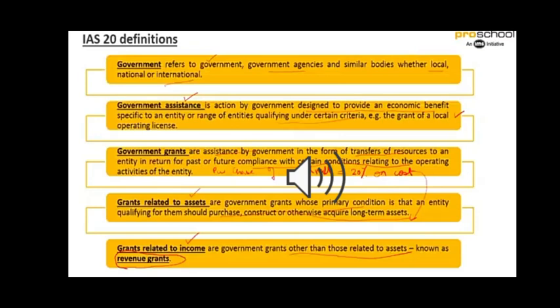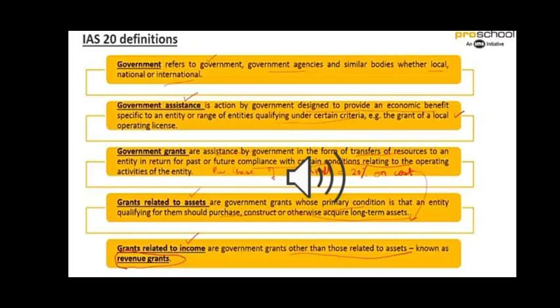For example, in a particular industrial area, the government is designing and building a road. Then all the companies in that locality will be benefiting from that construction, from that infrastructural activity. Then it will not be a government grant. So government assistance, to be called government assistance, should be given to a particular company or to a particular group of companies, not for all the companies.